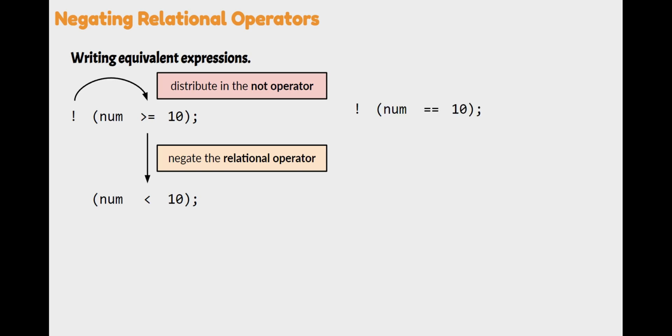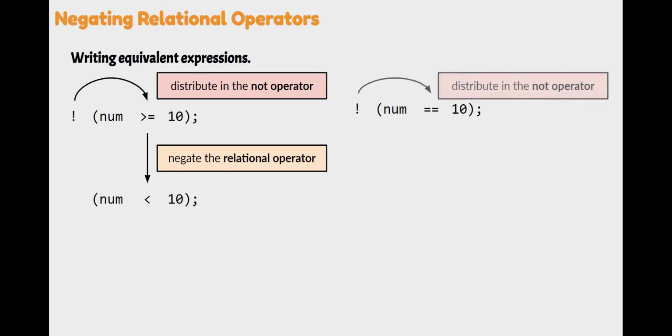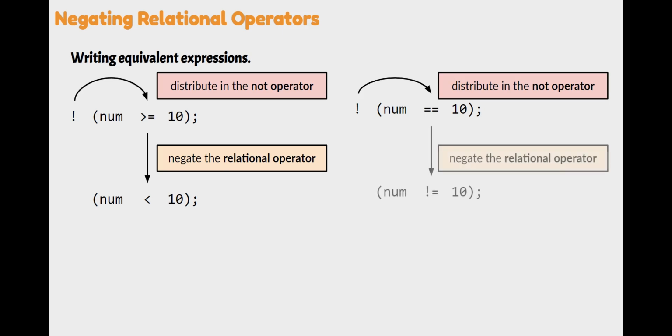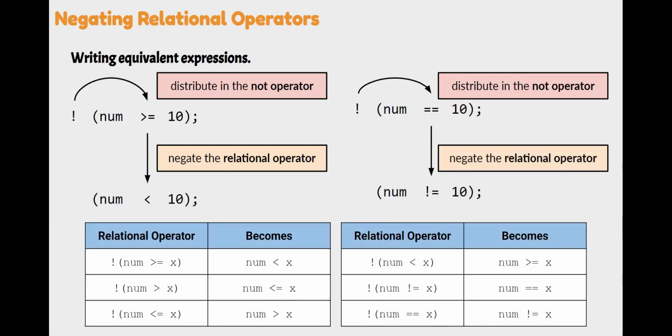Another example, we have not numbers equal to 10. We distribute in the not operator. We negate the relational operator. The opposite of equal to is not equal to. In the first statement, we are saying that we don't want numbers that are equal to 10.